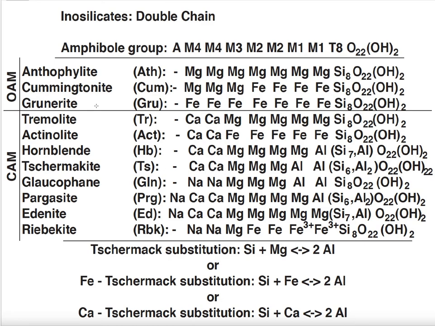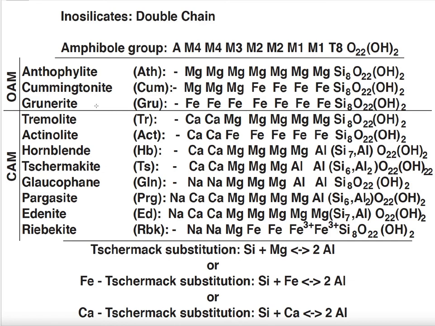So, and now last not least in the list of examples which I have handed out to you, we have the riebeckite, and the riebeckite is empty on the A spaces, has 2 sodium on the M4 spaces, and this sodium is then balanced with iron 3 plus on the M1 spaces.